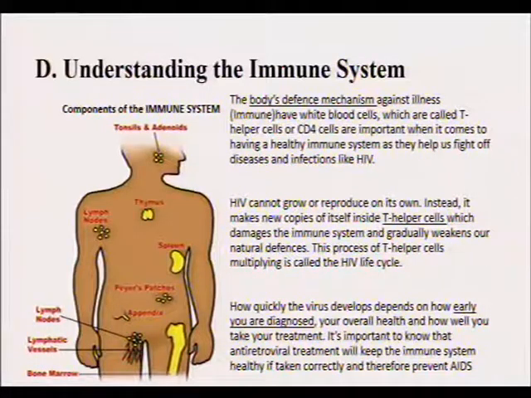So the other thing is the immune system. This is how the immune system works. As I've also explained, the whole purpose of your immune system is to defend your body against any intruder or any attack, whether it's malaria or flu. And you have to understand how the immune system works, and the HIV virus is so intelligent.